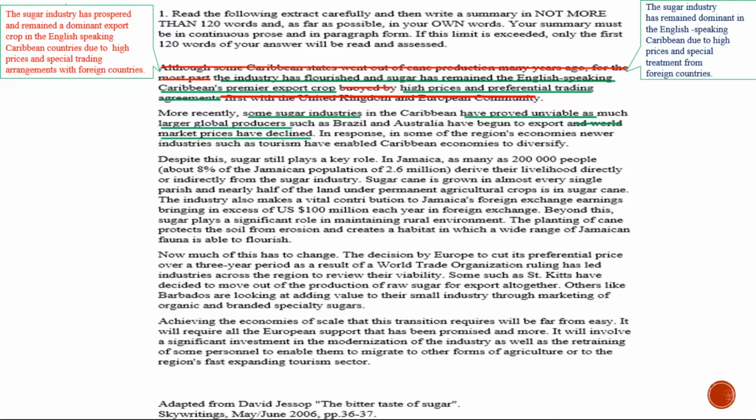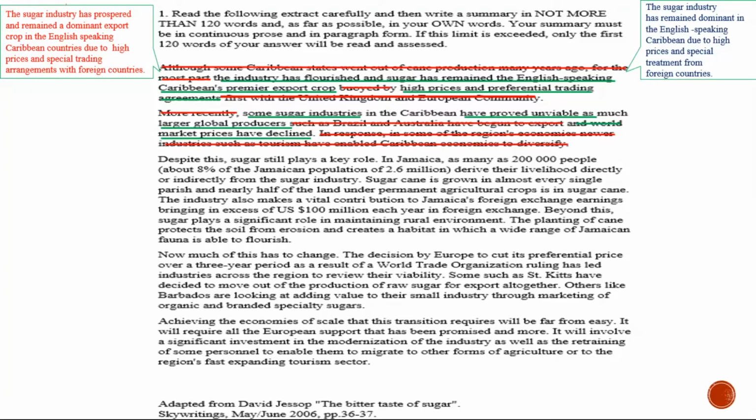Now, these are the reasons why the sugar industry did not do so well in some Caribbean countries, because larger companies started to produce, the world market prices have declined, and so in some Caribbean countries, the sugar was not that successful. It clearly means then that everything else in red that has been marked out is irrelevant.